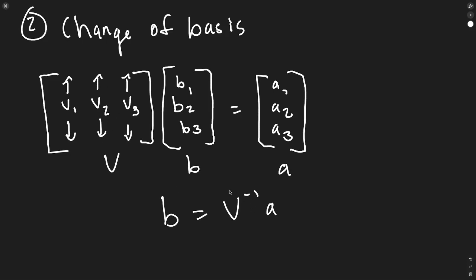You can compute this with Gauss-Jordan elimination or however you want, and you can get B. And the key that we're showing here is if you have a vector written in terms of some basis, and you want it written in another basis, you need to multiply what you have by the inverse of that basis matrix to get your new coefficients, right? And again, we'll show that a little bit later.